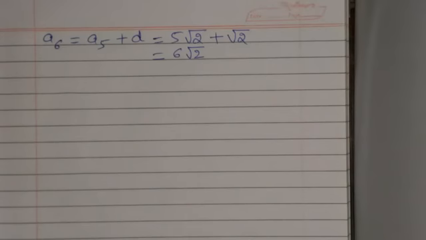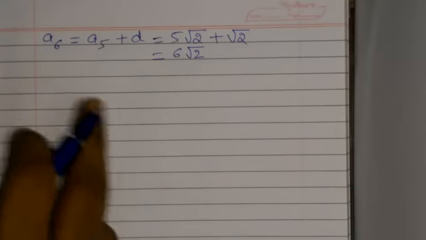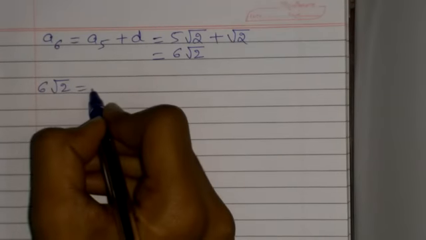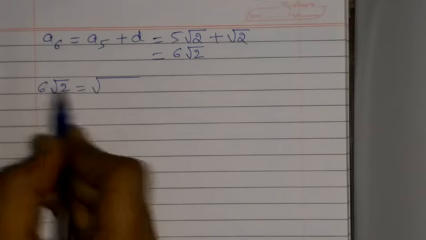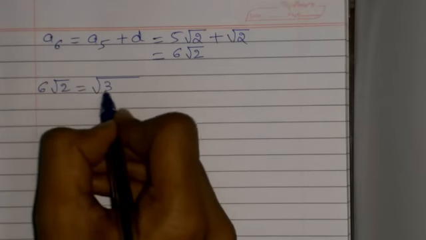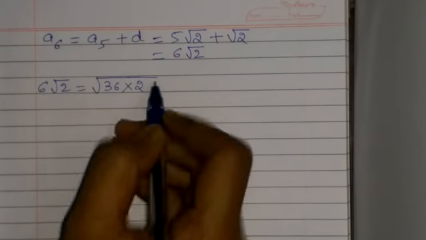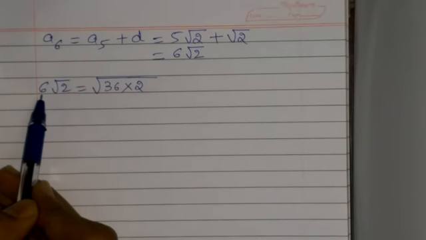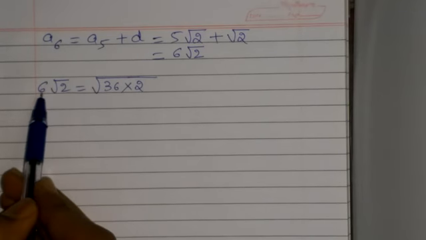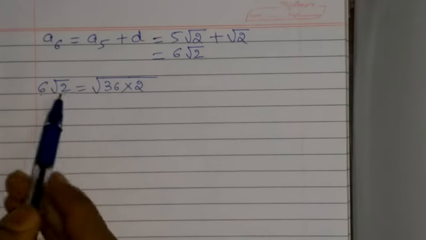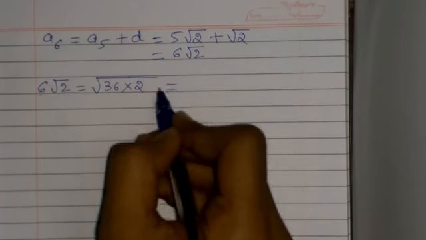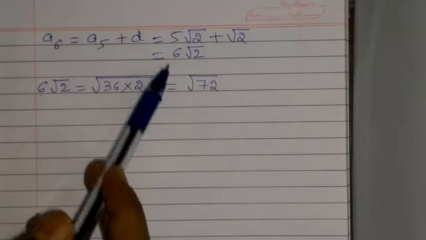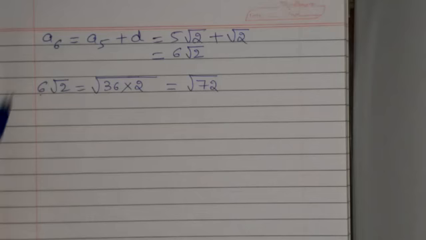A6 is 6 root 2. If you take 6 inside, then it will be 36 into 2, since root 36 is 6. So 36 into 2 will be root 72. We can write either 6 root 2 as A6 or root 72.